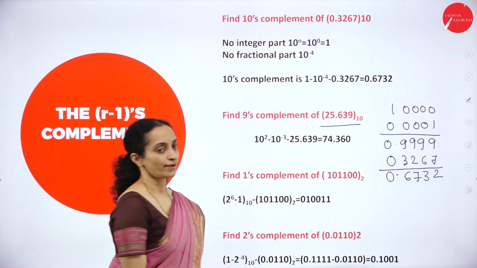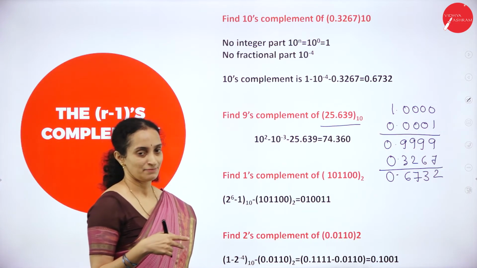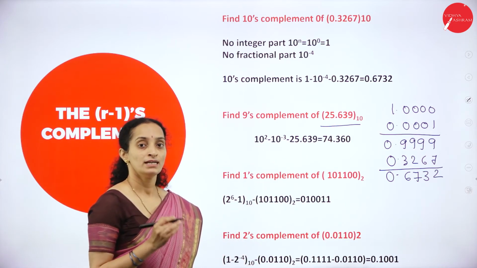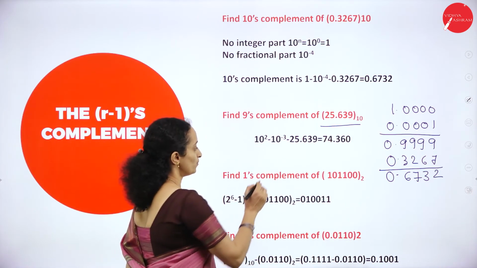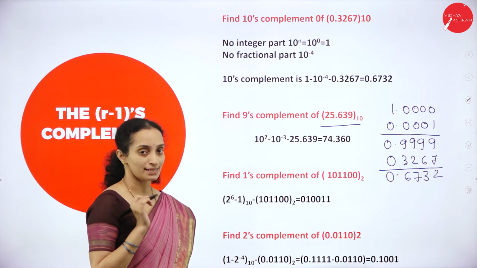Next is finding it when you have both the integer part and the fractional part. It will be 10 to the power of 2 minus 10 to the power of minus 3.